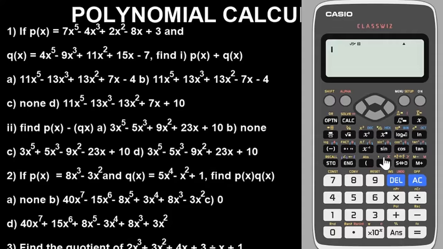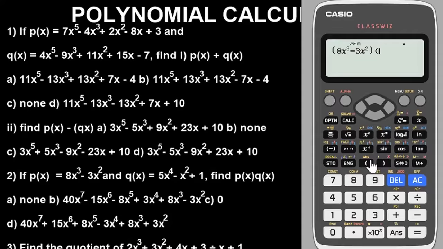So quickly, in brackets, P of x: we have 8x alpha x raised to power 3, we come down, minus 3x alpha x square, close the brackets.